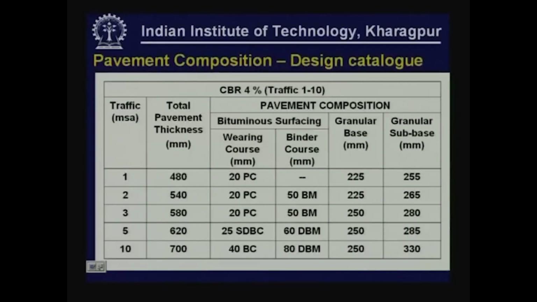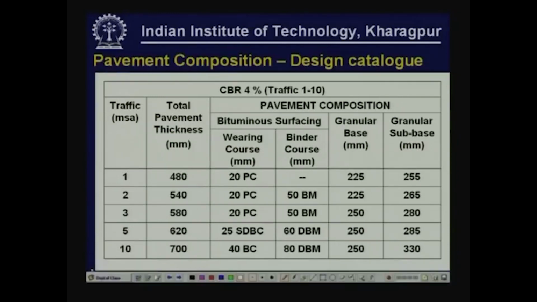The pavement composition can be selected if you know the total pavement thickness using this catalog or tables that are given in IRC 37. So, for different subgrade CBR values and for different traffic intensities, for the total thickness how it has to be split for different traffic intensities of 1, 2, 3, 4, 5 and 10 million standard axles, this is how the total thickness has to be split.